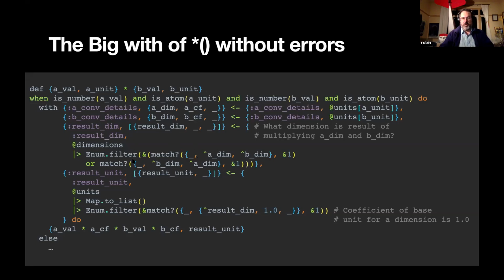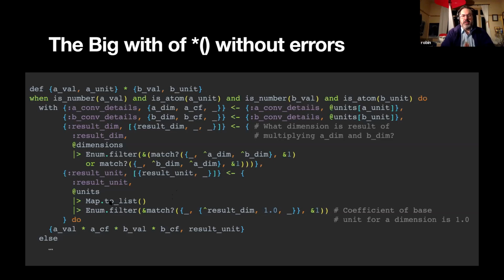I'm going through that map of tuples, and I'm trying to work out which one matches. We're basically pattern matching to work out, when we're multiplying these two things together at the bottom of the triangle, what's the thing in the first position in the tuple that's going to be our target, our result dimension. And then here we have to work out what the result unit is.